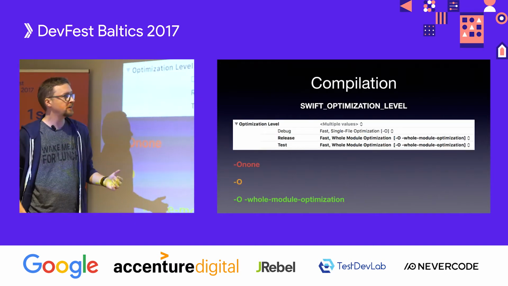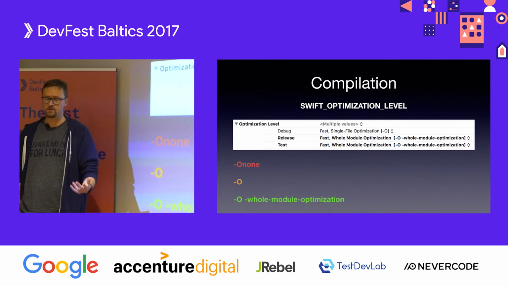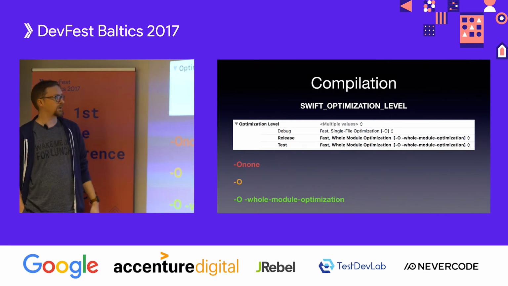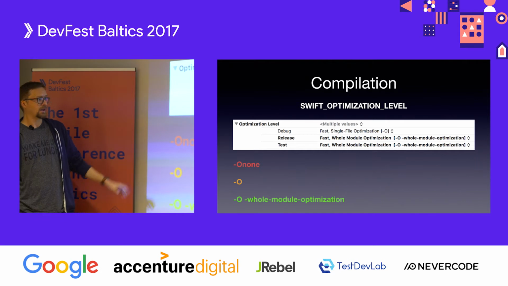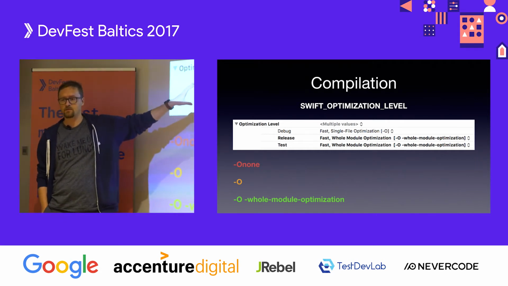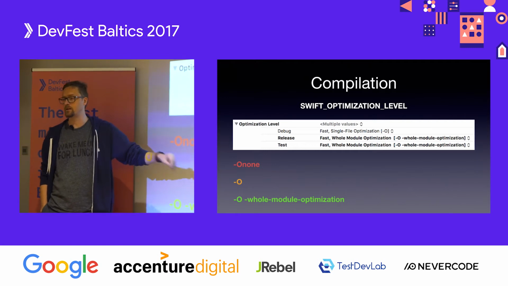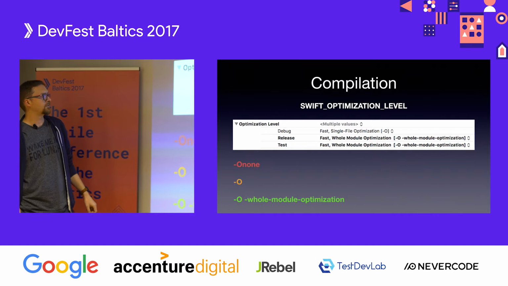When we compile, we have a few settings we can use to speed up the code at runtime. Most basic is the Swift optimization level. This is from the Xcode perspective, but it all has command line equivalents, so it can be built from the command line.